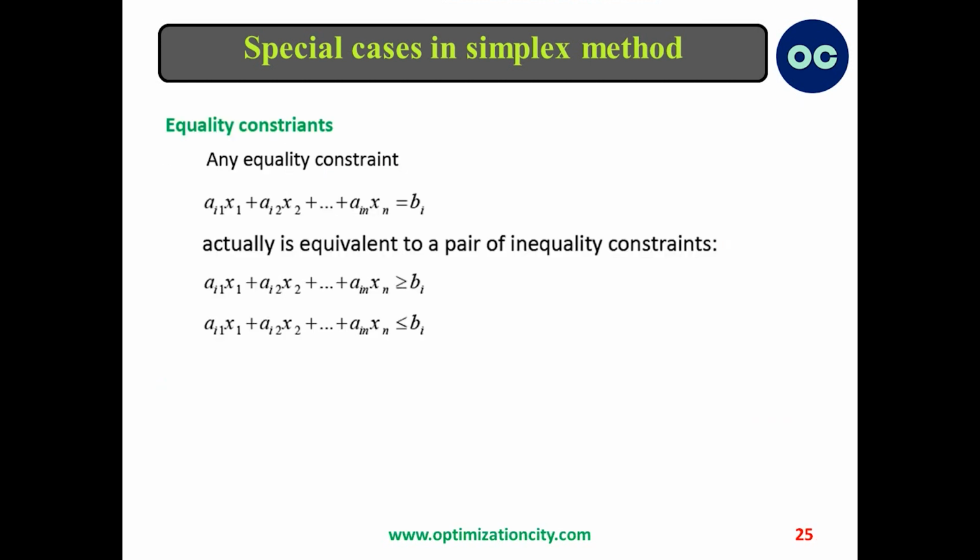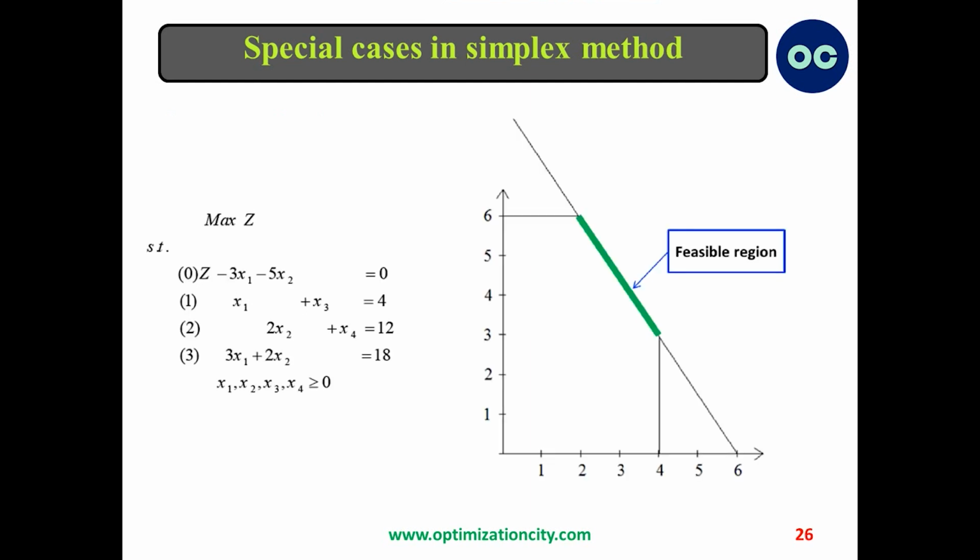Whenever you have an equality constraint, you can replace it with a pair of inequality constraints. However, this will increase the number of constraints, which is not always convenient for solving a linear program. Instead, you can use the artificial variable technique, which we'll explain in the following example. Consider this example.